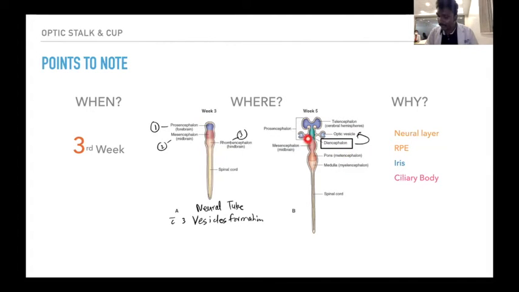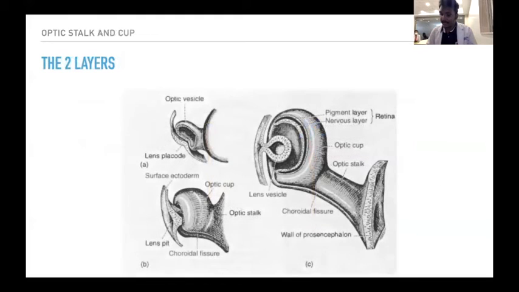And if you remember our two friendly stalks and structures originating from the tube, this is the point of origin. So basically, you don't need to remember the telencephalon and diencephalon. Just remember that optic stalk and cup form from the frontmost part of the tube, which is the prosencephalon.